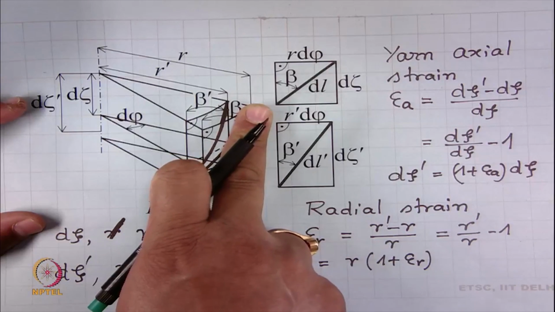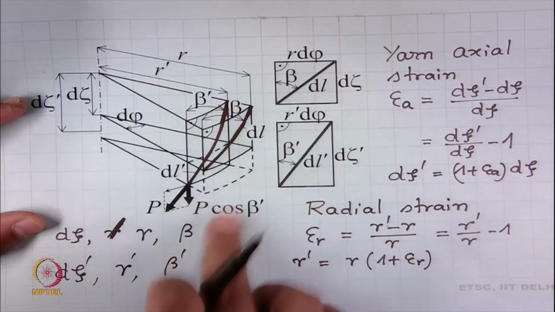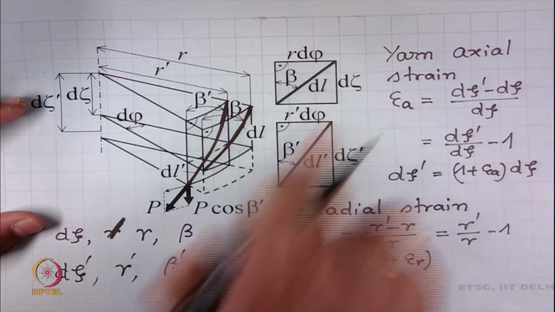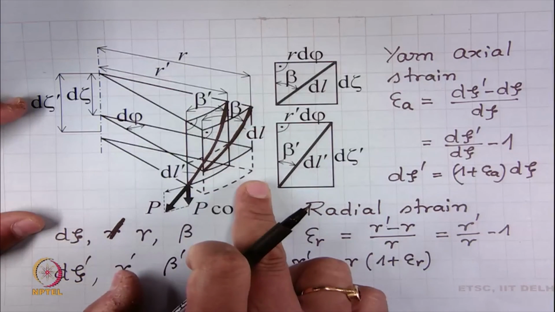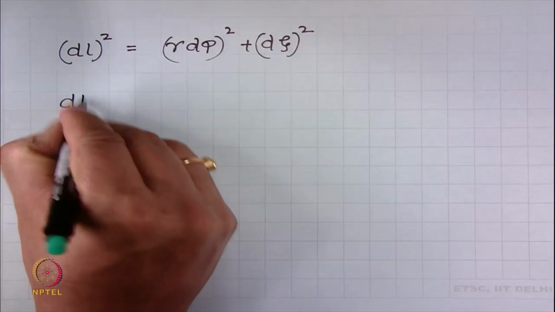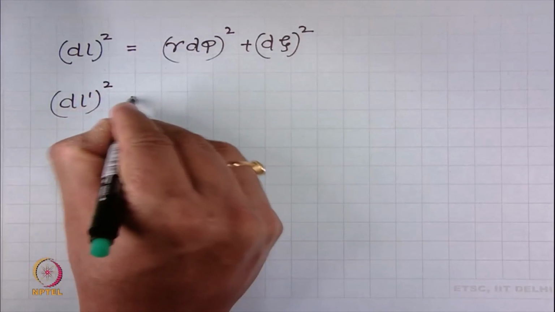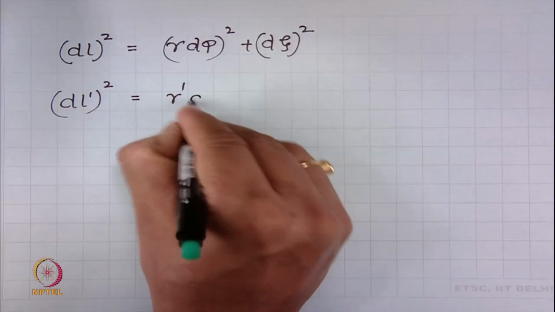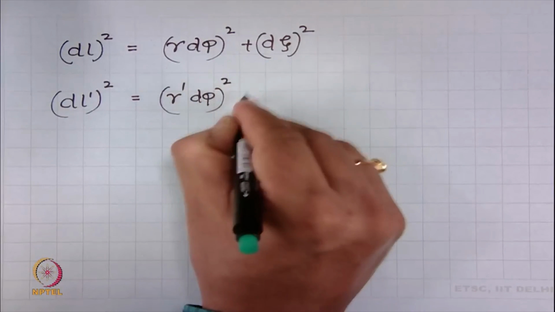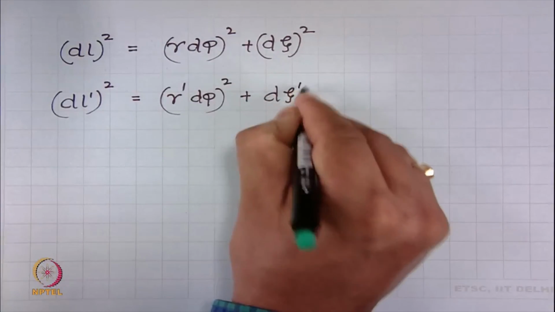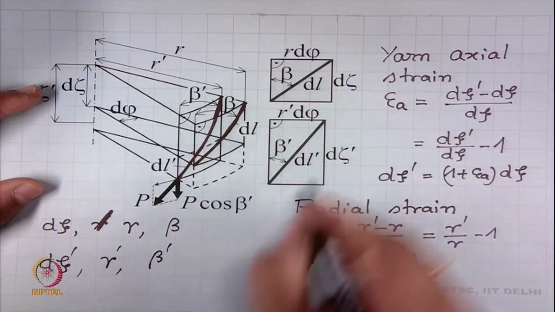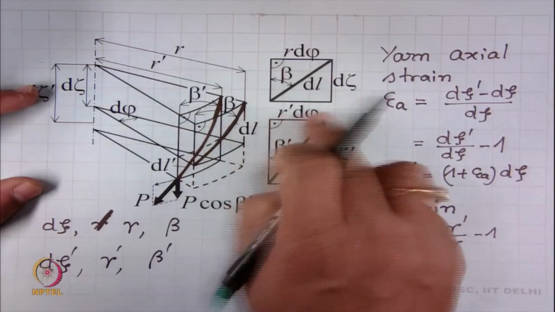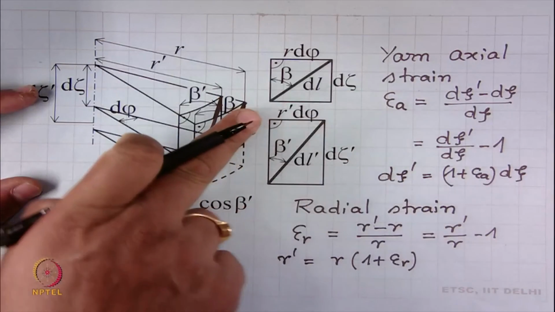Similarly, if we apply Pythagorean theorem to this triangle, then we will see dl prime square is equal to r prime d phi square plus d zeta prime square. You see one more time, this square is equal to this square plus this square.